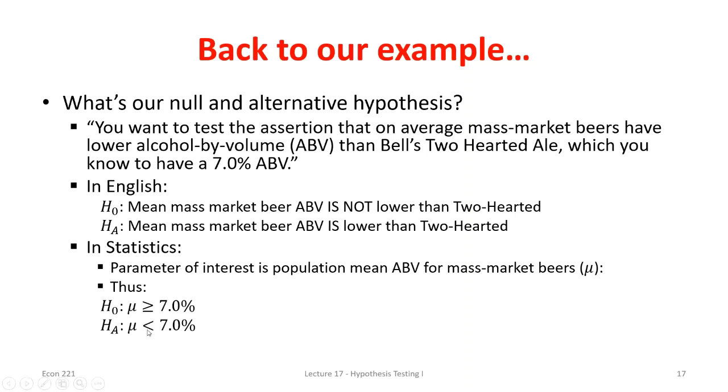So if I look here, what type of tailed test do I have? Well, I have a left-tailed test, right? Because there's a less than sign in the alternative hypothesis.